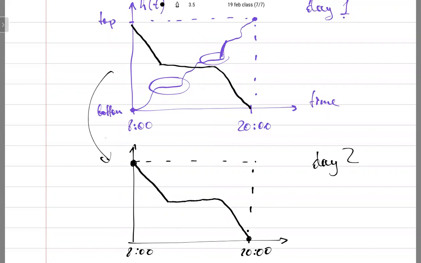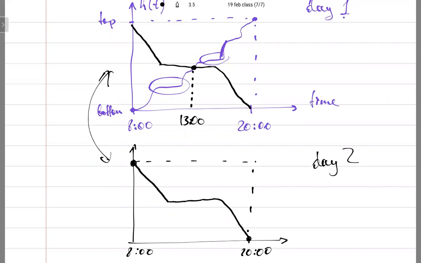If I just draw these two curves on the same plot, I see that at some moment of time, maybe it was 1 p.m., I don't know, obviously these two plots will intersect, because one is going from the lower left corner to the upper right corner, and the second one is going from the upper left corner to the bottom right corner. These two lines are continuous.